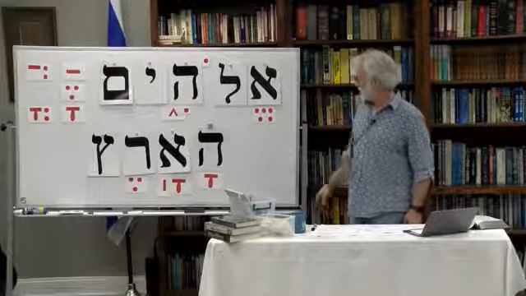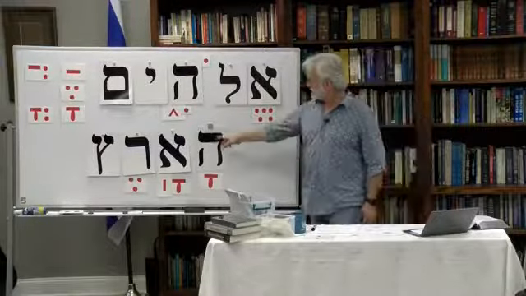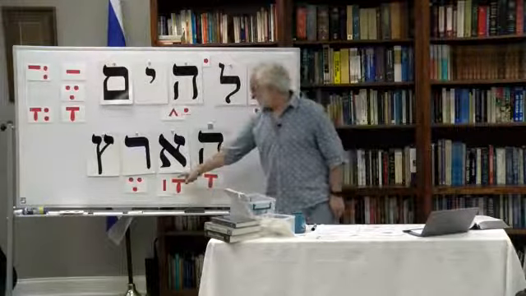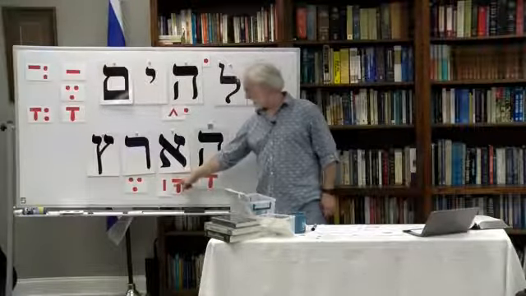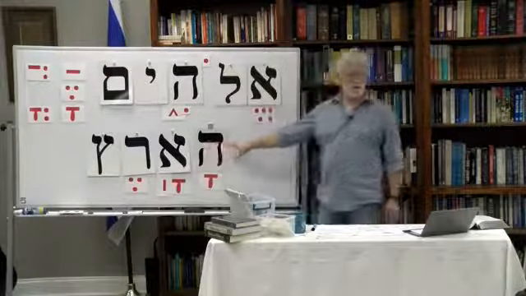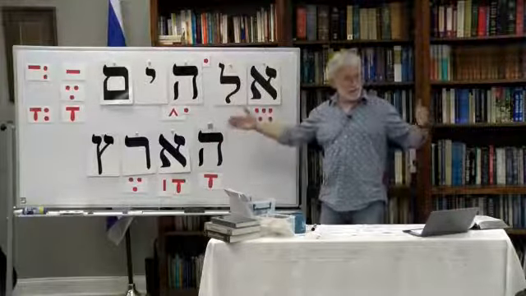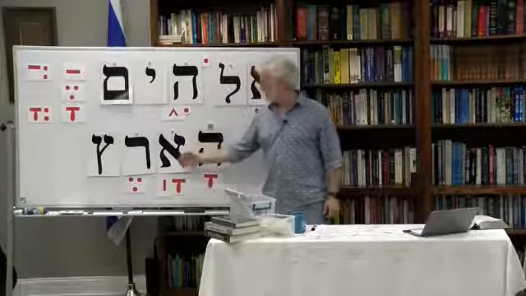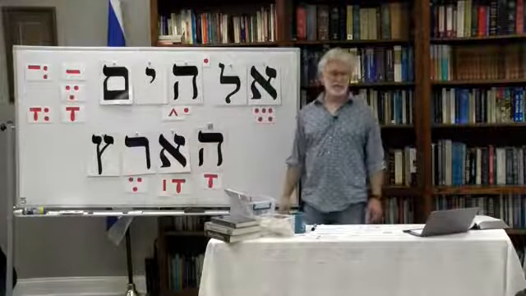So what does this tell you? This gives us a couple of pieces of information. It tells me that this is the final word in that sentence or that verse, but it also occurs on the syllable which gets the stress.